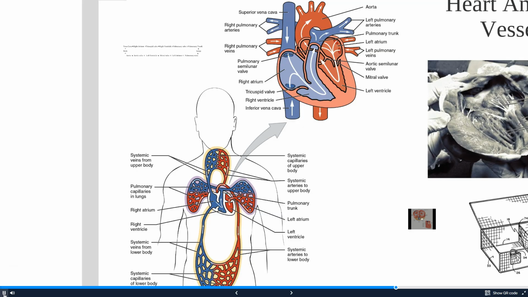In the pulmonary circuit, things are backwards. Arteries are carrying deoxygenated blood that's been pumped from the right side of the heart to the lungs, and the veins will carry the reoxygenated blood back to the left side of the heart. So if you're used to the red for artery, blue for vein misconception, that's still kind of valid if you remember that it only counts for the systemic circuit. For the pulmonary circuit, it's the opposite.